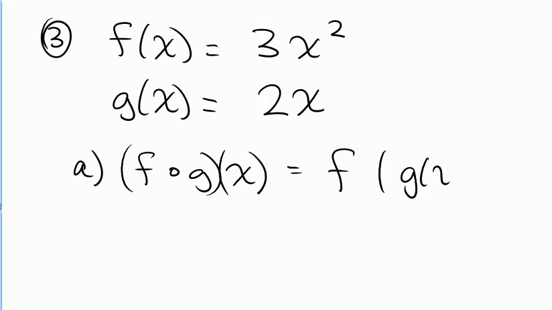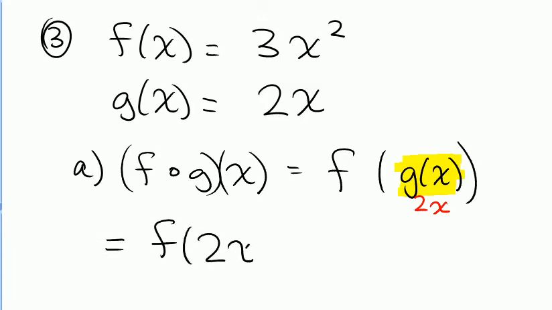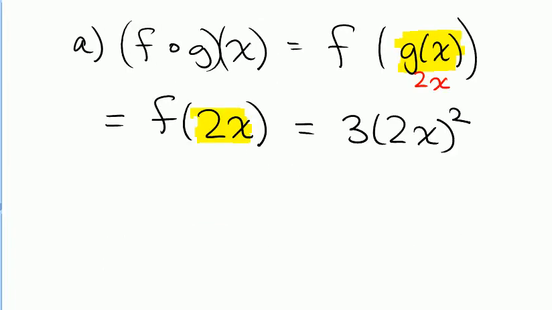We know what g of x is. G of x is 2x. So what we are really looking for is f of 2x. So take the 2x, substitute it into the f equation. This gives us 3 times the quantity 2x squared. Using the order of operations, you get 3 times the quantity 4x squared, which becomes 12x squared.